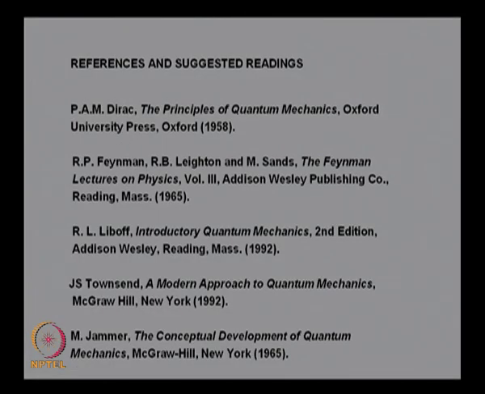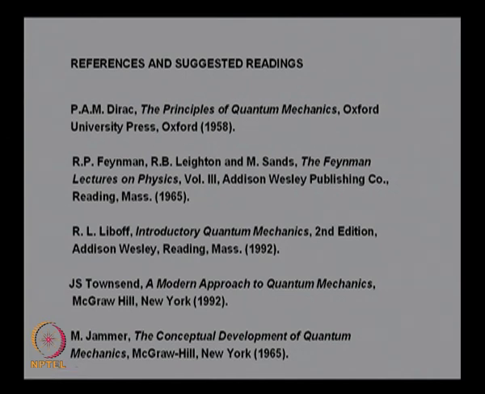There are a large number of books written on quantum mechanics, but some of the extremely good ones are listed on this slide. The first one is of course Professor Dirac's book. It is a classic on the principles of quantum mechanics, published by Oxford University Press.